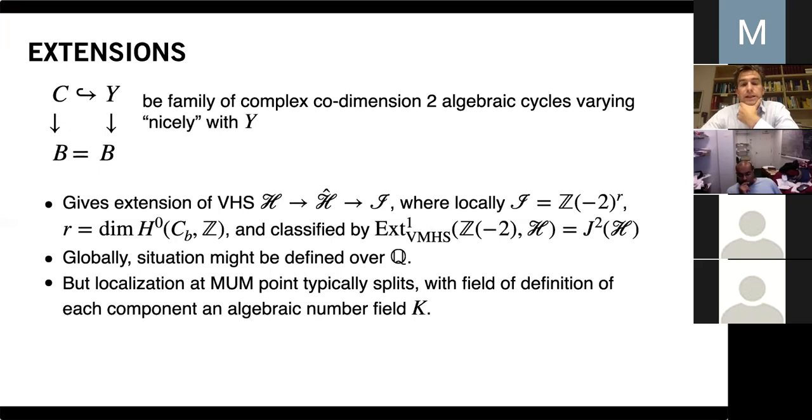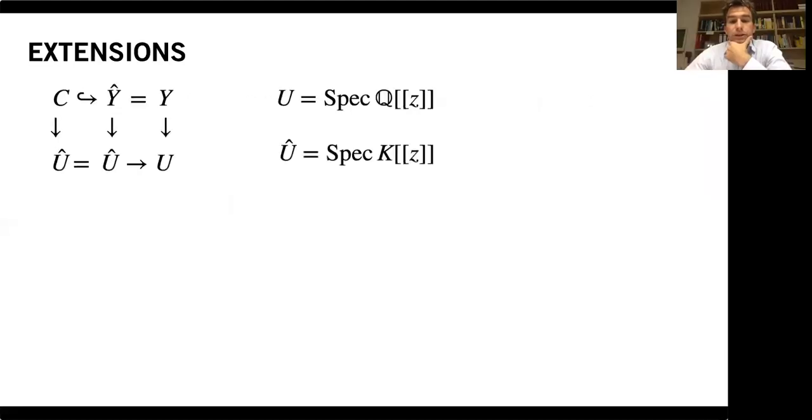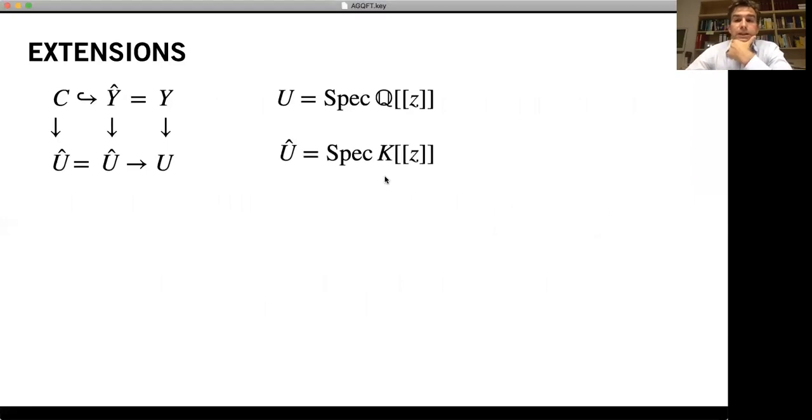So the localization of this curve actually splits, and in each component of the splitting there is a field of definition, which is an algebraic number field, and you can localize things like that. So you have some kind of extended disk which involves this number field.